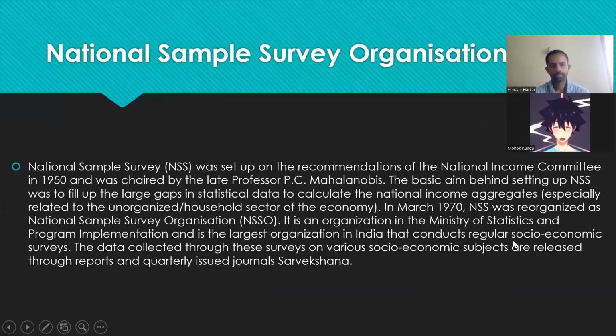So there is another concept called the National Sample Survey Organization. Have you heard of this, the NSSO of India? Yes. The National Sample Survey was set up on the recommendations of the National Income Committee in 1950 and was chaired by the late Professor P.C. Mahalanobis.